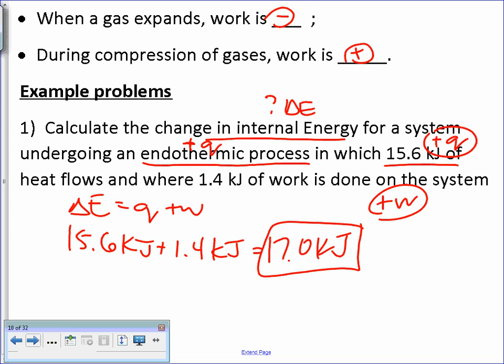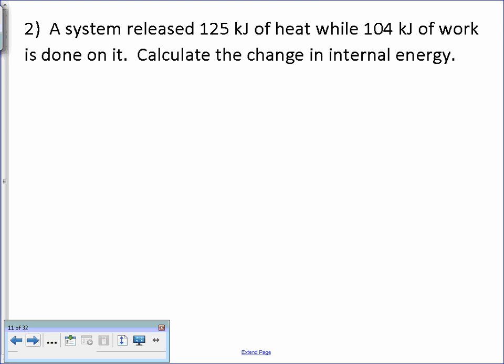All right, let's do one more of these. The system releases heat, so what do we know right now? Negative Q. A system releases that much heat while this much work is done on it. What do we know? That's positive.